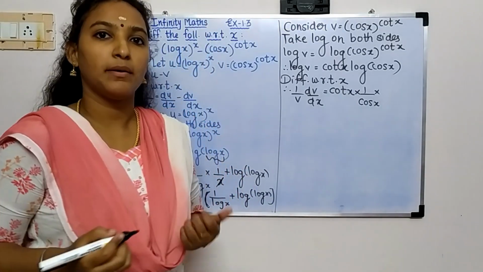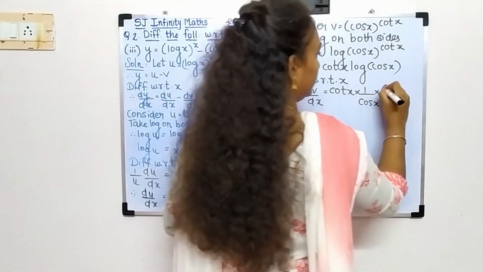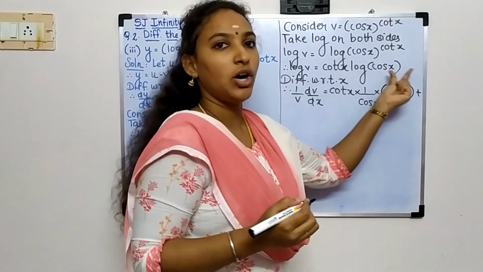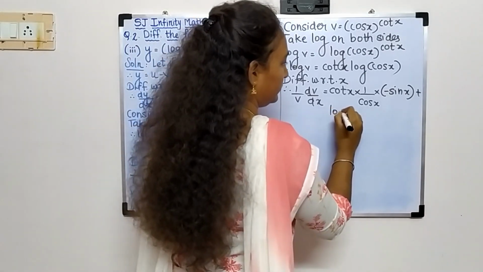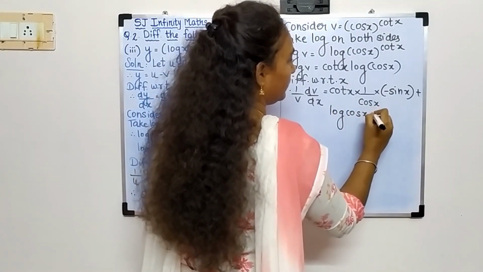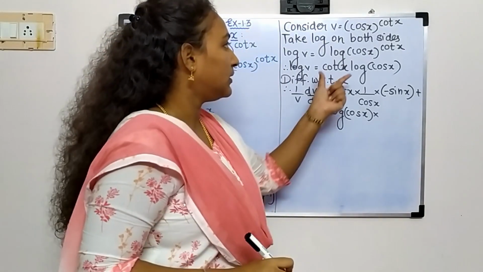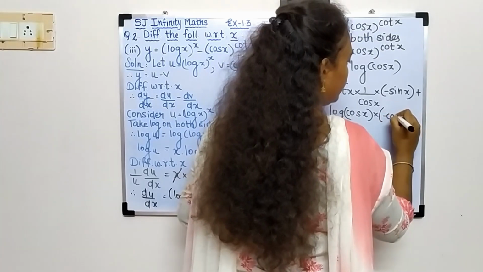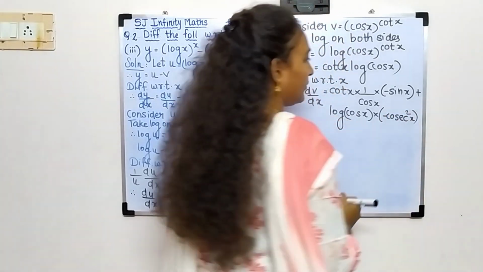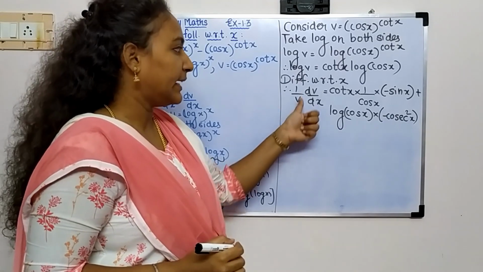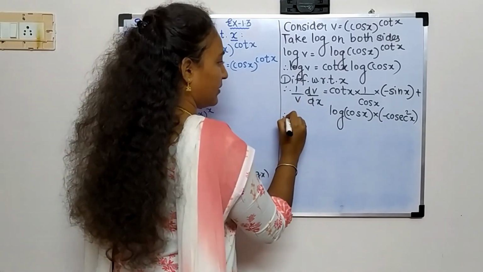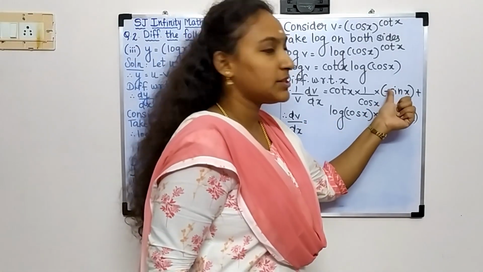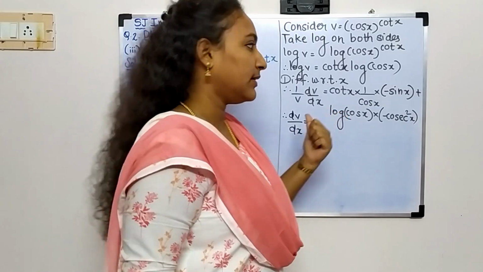Derivative of cos x is minus sin x, plus log of cos x multiplied with the derivative of cot x, which is minus cosec square x. Now calculate dv by dx. Therefore, dv by dx is equal to, see we have a minus over here and also here, let us take it out.